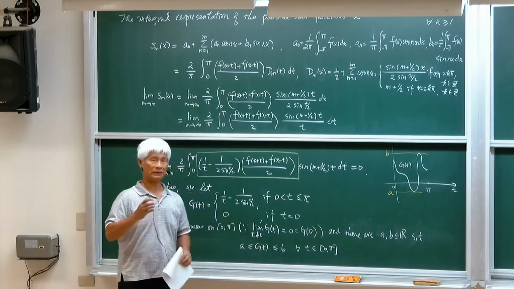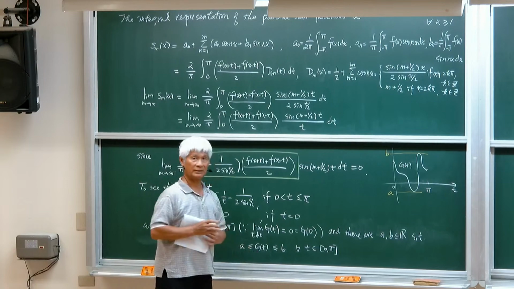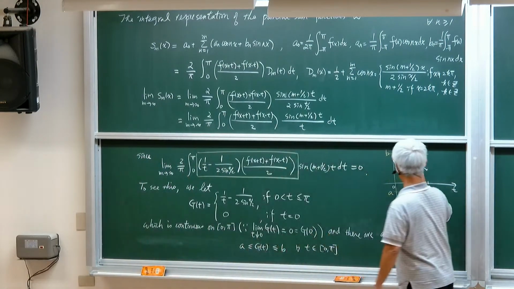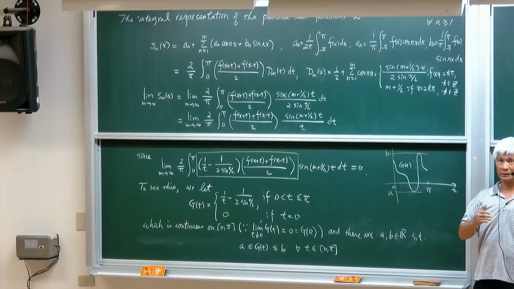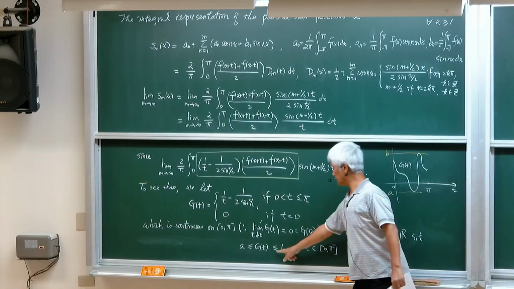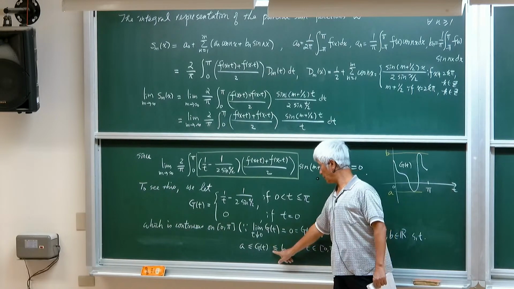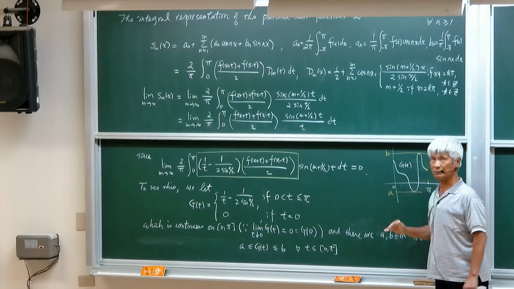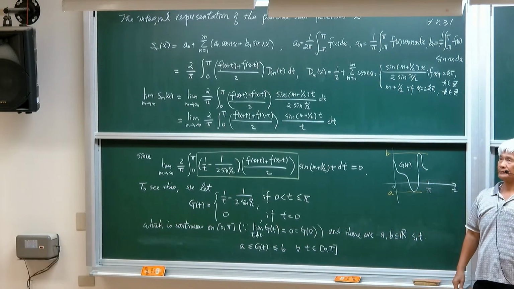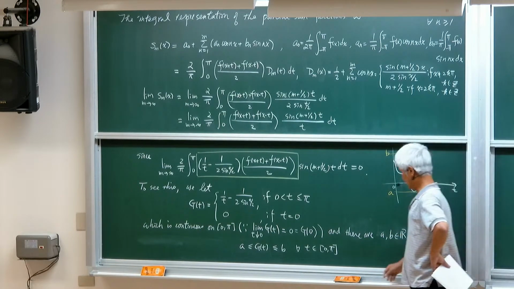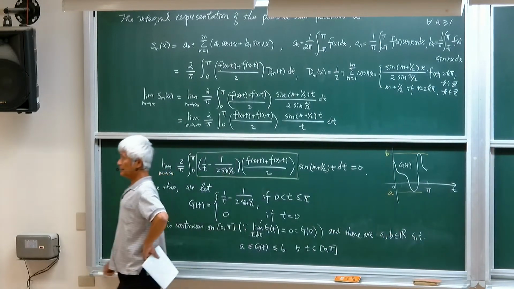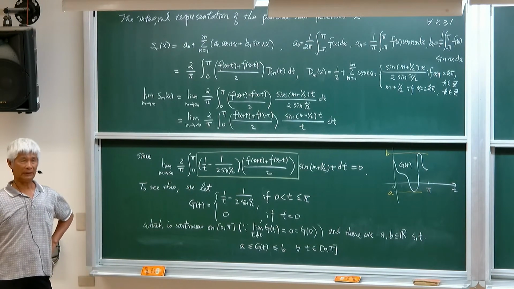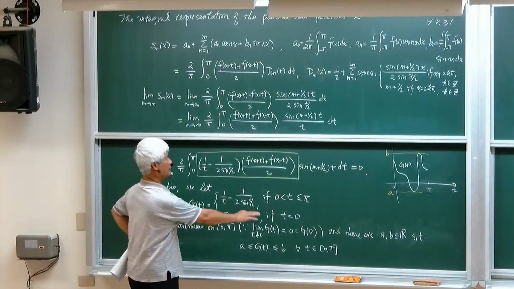So that g function attains a maximum in this interval, and also attains a minimum, so you have equality. B is the maximum and A is the minimum. In analysis, this is called the compactness property.